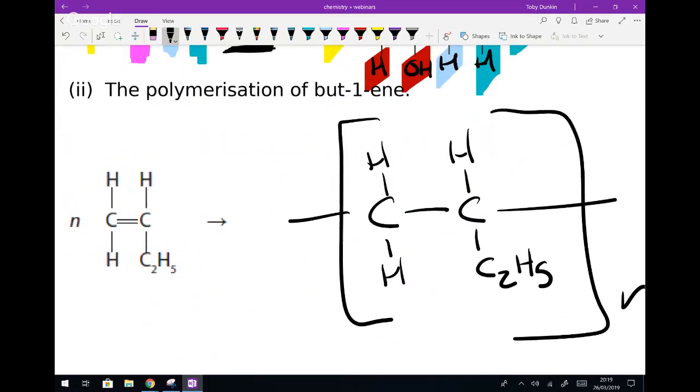Polymerization, for you Year 11s who I haven't done this with yet, is our last topic to do. Poly means many, mer means part, and ization means joining, adding to something. So many parts adding together.